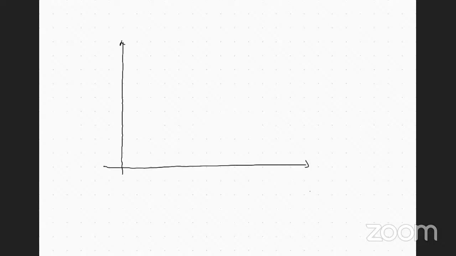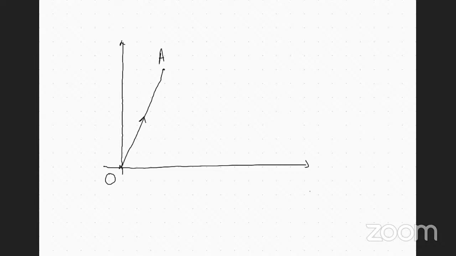Let's say I give you something like this. Of course, we have the origin there, and we have a point here. Let's call the point A, and we have a vector to that point. So we have OA, O to A.